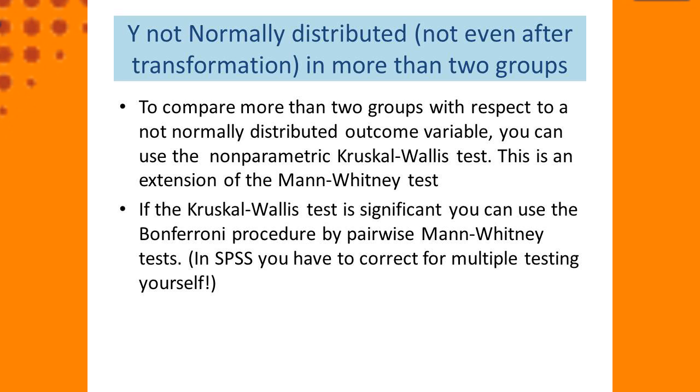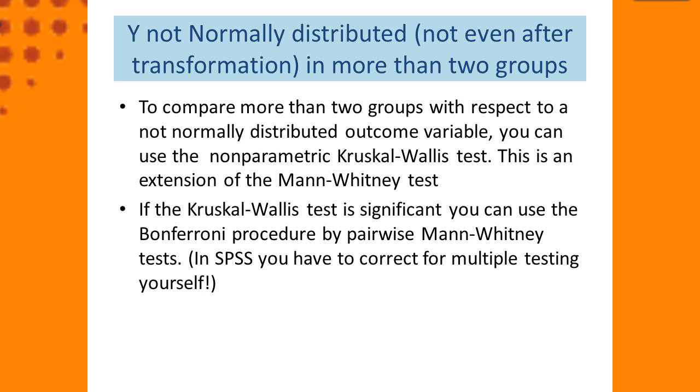On the other hand, if there is a significant result of the Kruskal-Wallis test, we can perform pairwise tests to see which groups are significantly different from each other, like the post hoc test after a significant one-way ANOVA. The pairwise tests in this situation are no t-tests, because we do not have normal distributions, but Mann-Whitney tests.